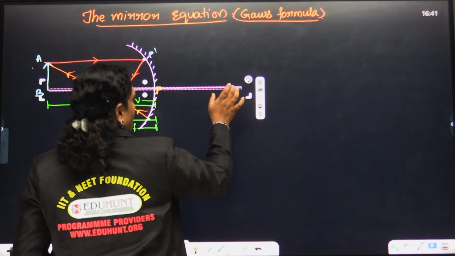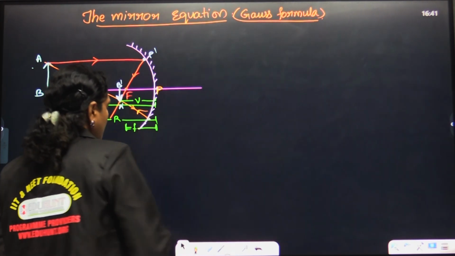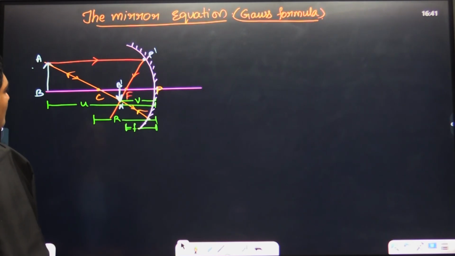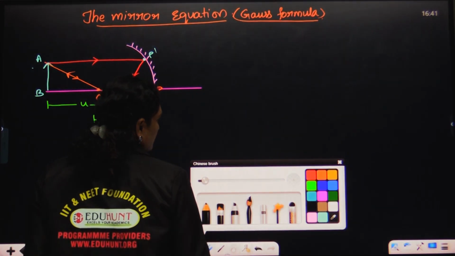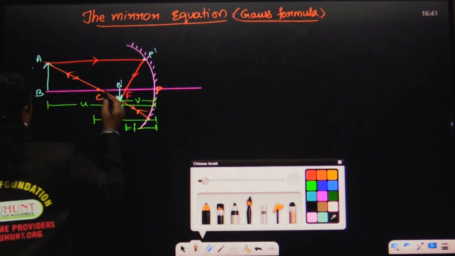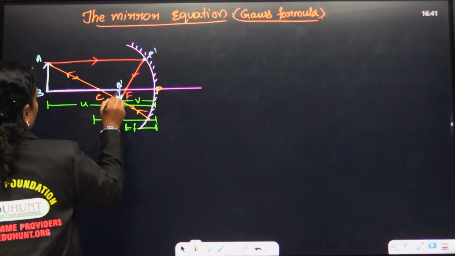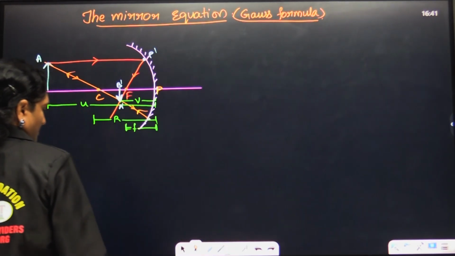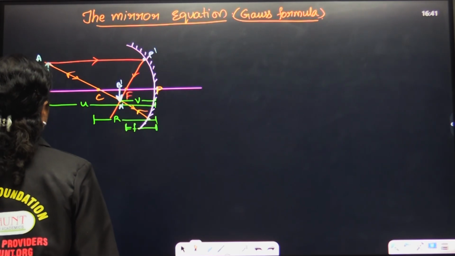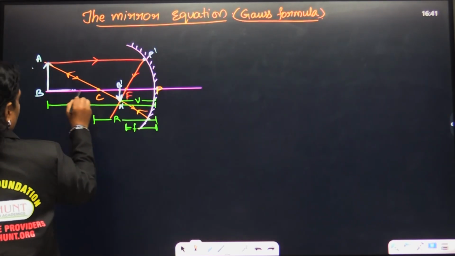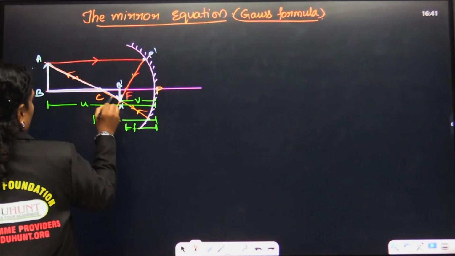If you observe the picture carefully, you can observe two similar triangles. Let us focus on those two similar triangles. One triangle is ABC, the bigger triangle, and here is one more triangle, the smaller one.